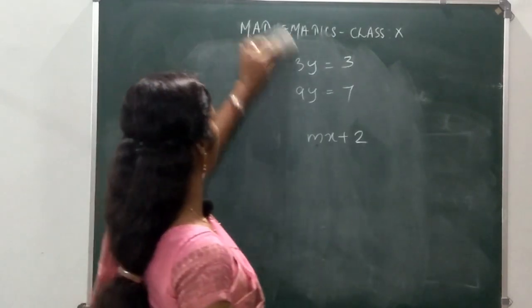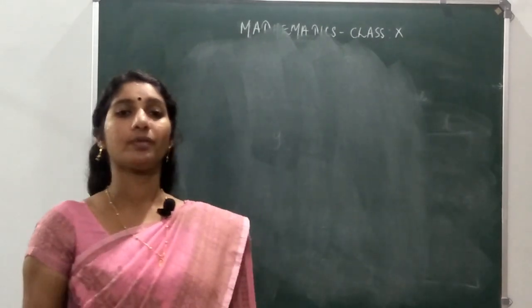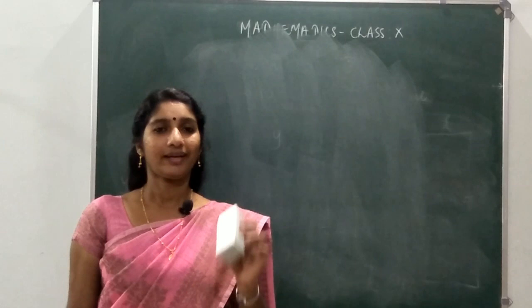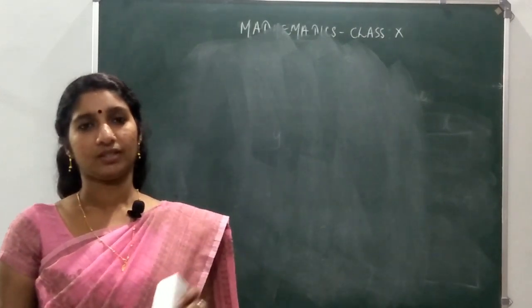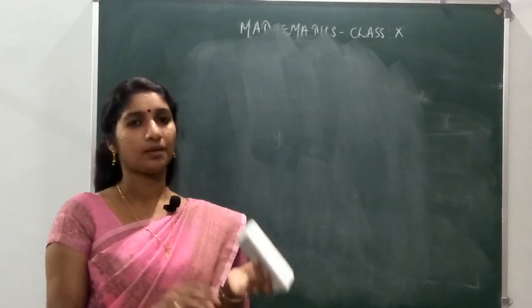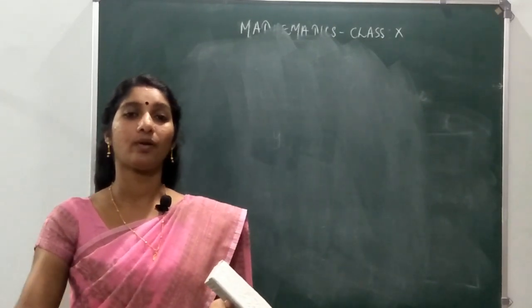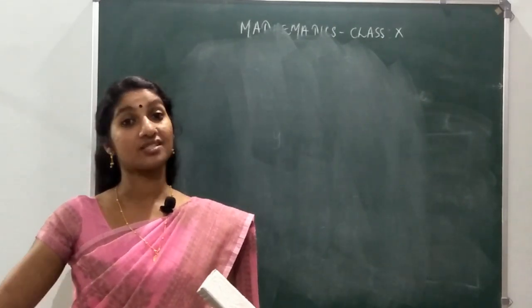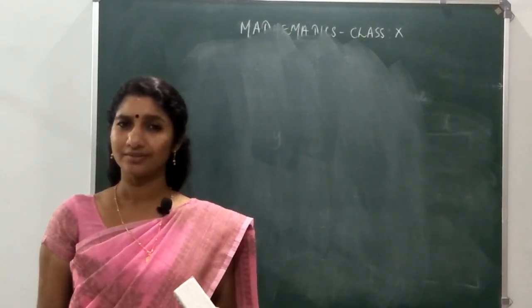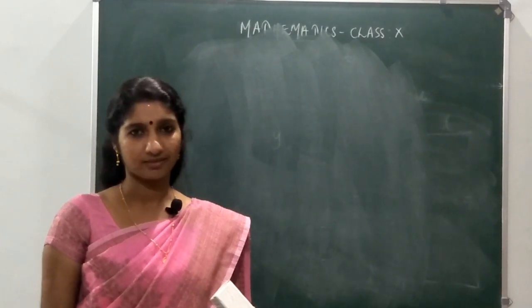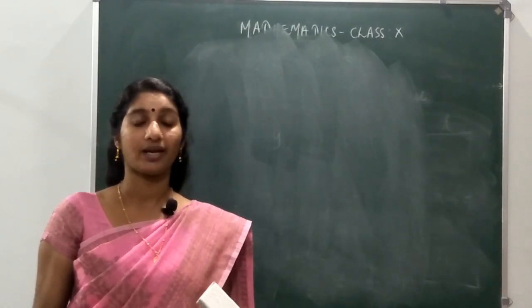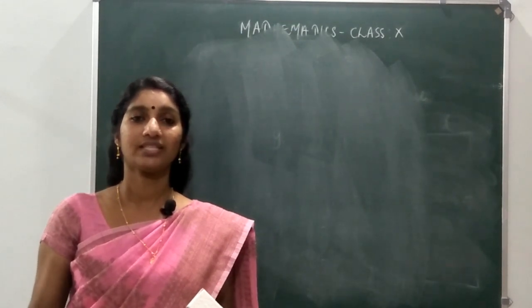Okay. Then word problems are there. One problem is given like this. A taxi charge: taxi is taking a fixed amount plus an additional amount for distance covered. What I told? Taxi charge is coming like this. There is a fixed amount and an additional amount for the distance covered.